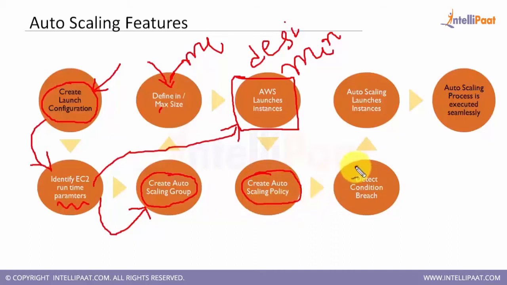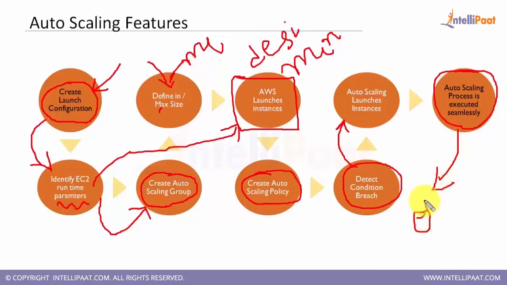As soon as CloudWatch detects the condition breach, it would notify auto scaling and it would execute this scaling process. When the scaling process is executed, the new instance also becomes part of the ELB. You have configured that, so everything works seamlessly for you. It launches a new instance, and when the load goes below the threshold, it would terminate the instance also.